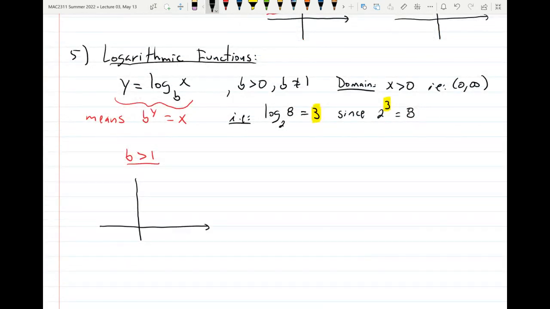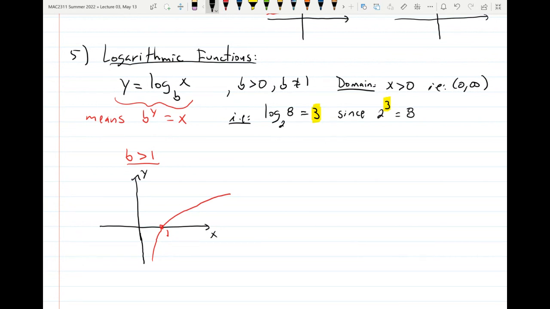Again, the domain is from 0 to infinity, so it's only on the positive part of the x-axis, and this is how it looks. It goes through 1, and it has this shape. Notice that when we get close to 0 from the right, the function goes down to negative infinity.